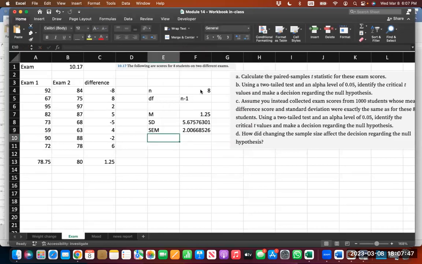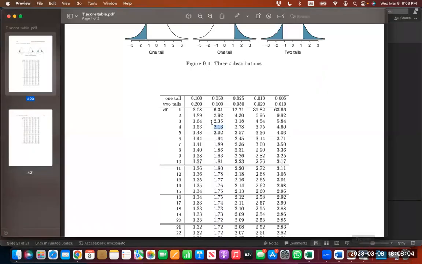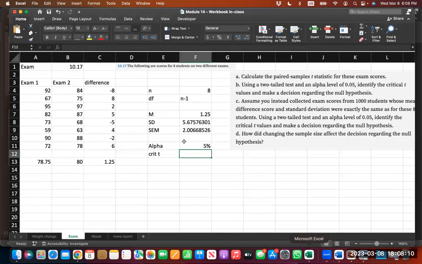That gets us a standard error of the mean of 2, with an alpha of 5%. We get a critical t, where degrees of freedom is 7. 5% gets us 2.36. So our critical t is 2.36.